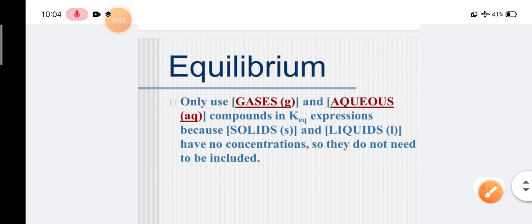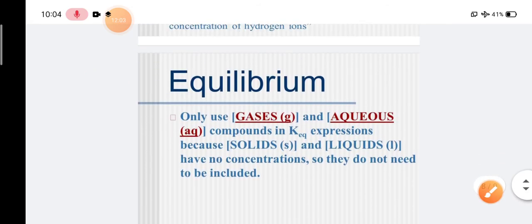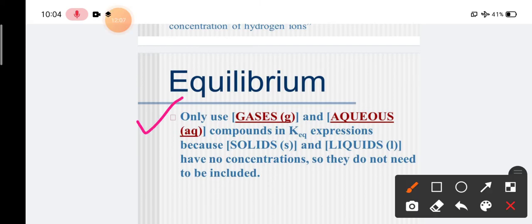Okay, and to evaluate the equilibrium constant, we need to know that we only use gases and aqueous solutions to evaluate the value of Keq.